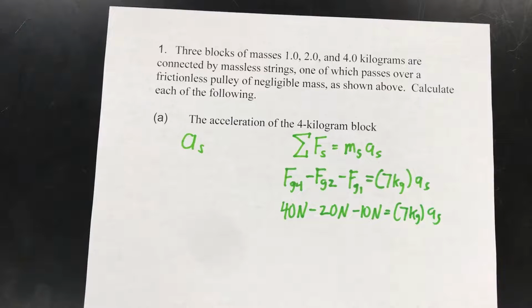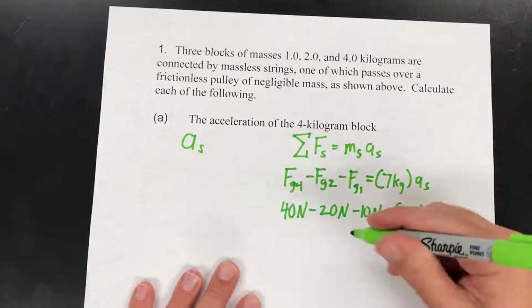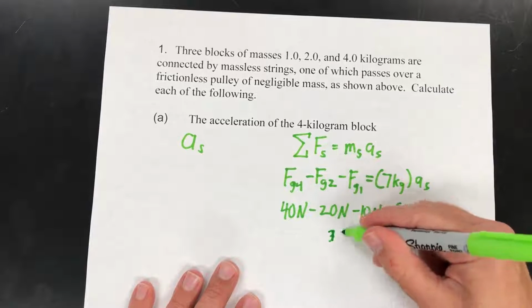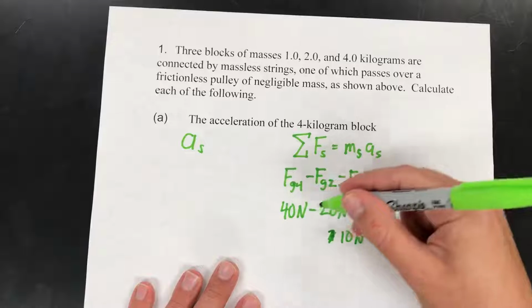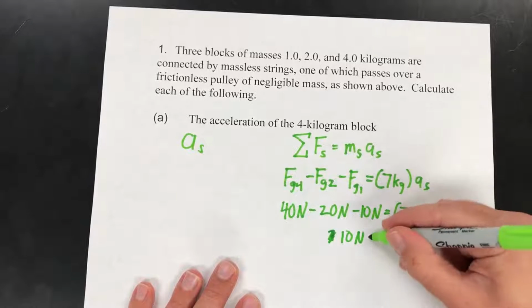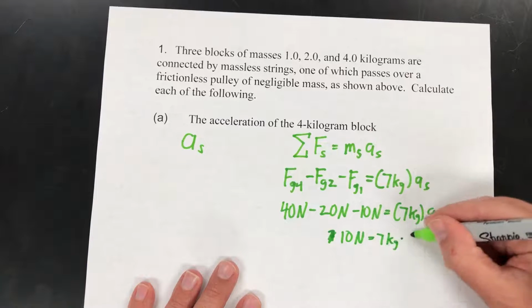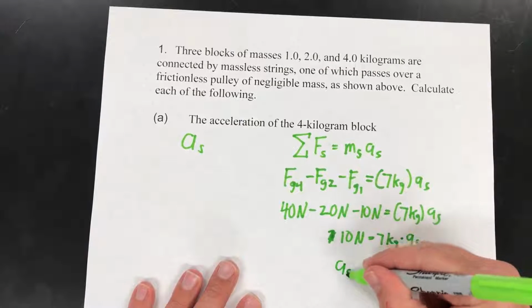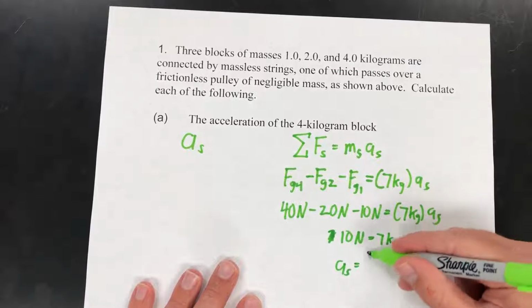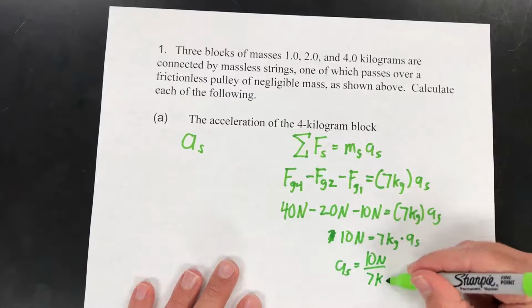Now that we go to solve, on this side we're going to get a total of 10 newtons left over in the end. So 40 minus 20 minus 10 is equal to 7 kilograms times the acceleration of the system. So the acceleration of the system will be 10 newtons over 7 kilograms.